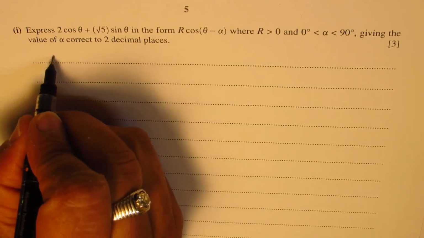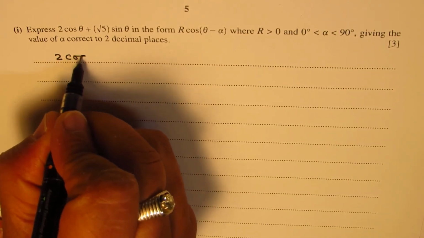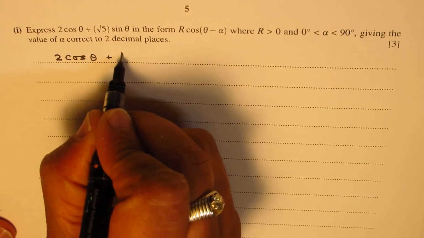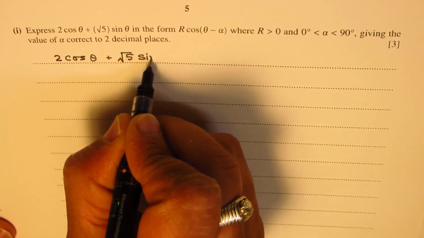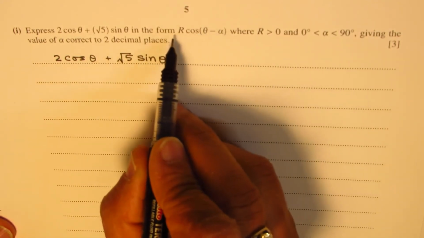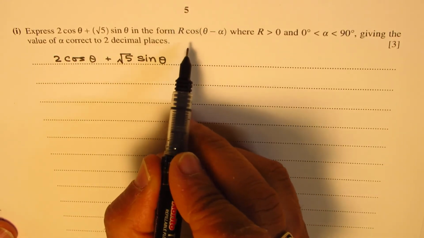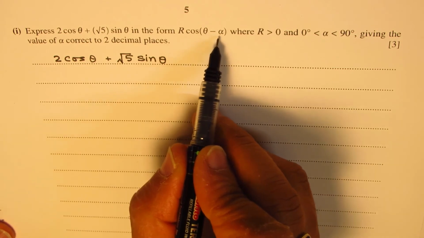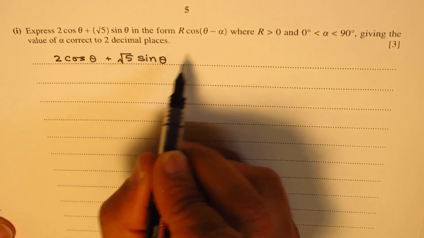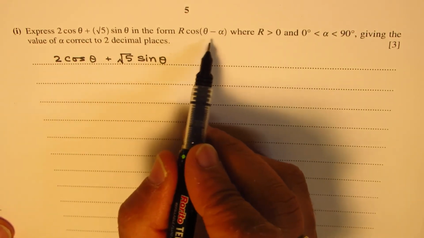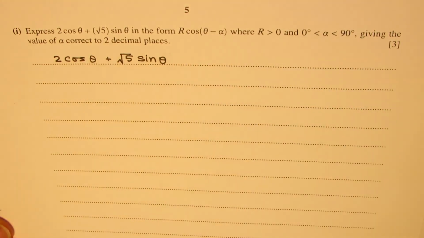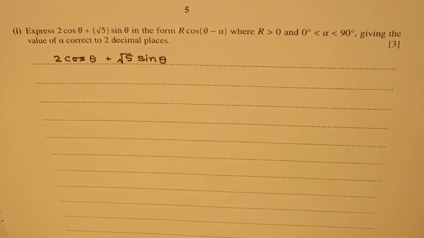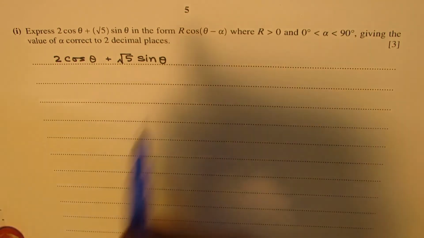So what we are given here is 2 cosine theta plus square root of 5 sine theta. Now we need to write as one particular function, which is cos theta minus alpha. So the formula, if you work backwards, think like this. So thinking portion, let me show you in a different ink so that you understand the strategy which we are going to adopt.